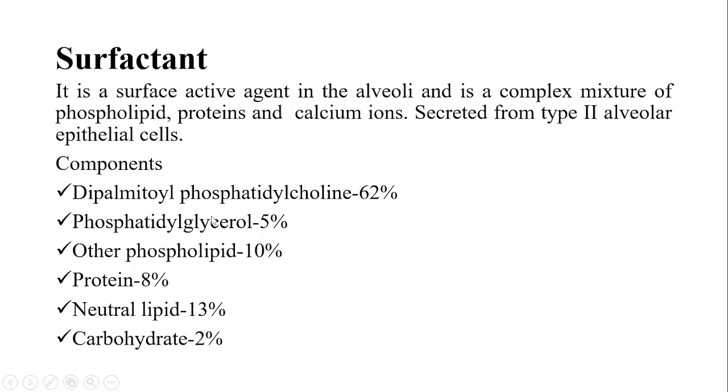Because of this lipid portion of the surfactant, they reduce the surface tension of the fluid lining the alveoli. The water soluble portion, the protein or carbohydrate portion of the surfactant, dissolves in the fluid layer of the alveoli easily, but the lipid portion of the surfactant doesn't dissolve in the fluid portion of the alveoli, and that's how it creates a barrier between the attraction forces between the molecules of the fluid that lines the alveolus.